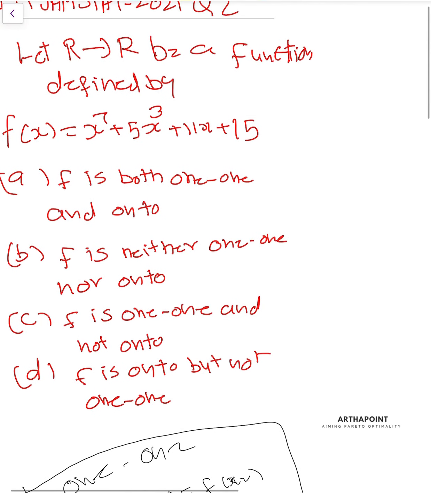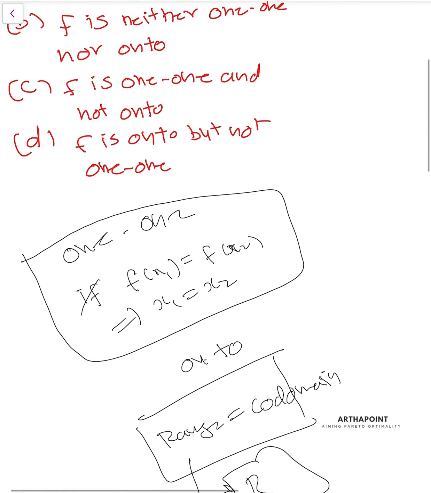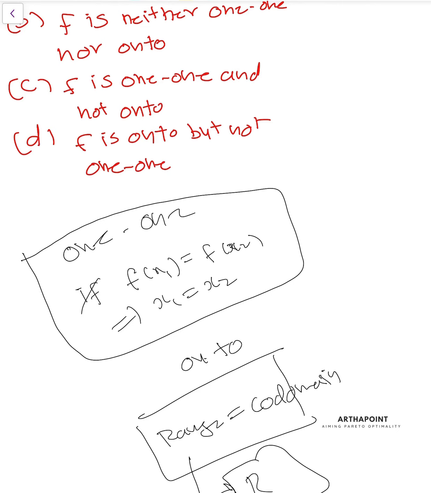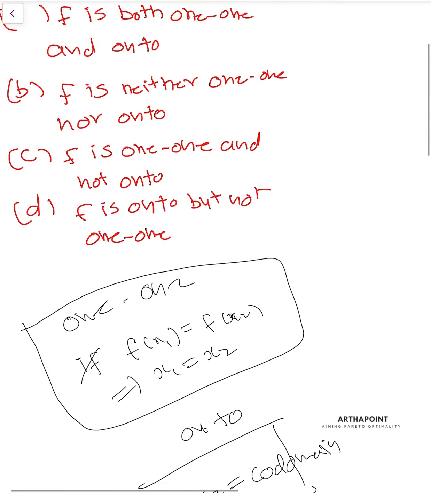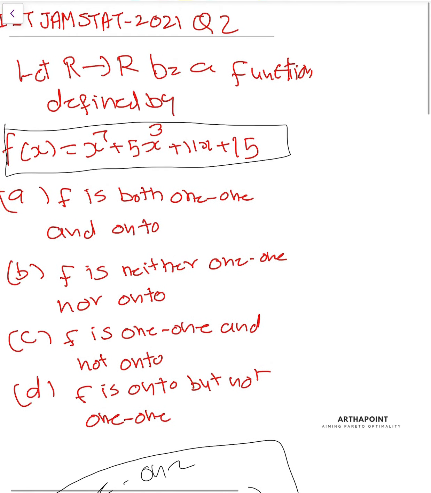When polynomials of higher degree are given, like this polynomial f(x) is equal to x raised to the power 7 plus something, it is difficult to establish x1 is equal to x2 by taking f(x1) equal to f(x2). So under such circumstances we check whether the given function is monotonic.